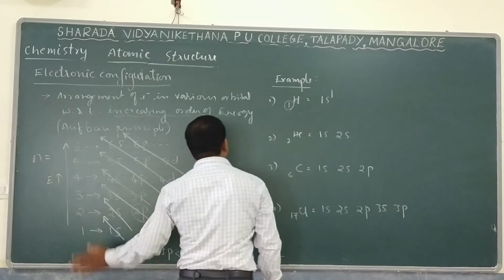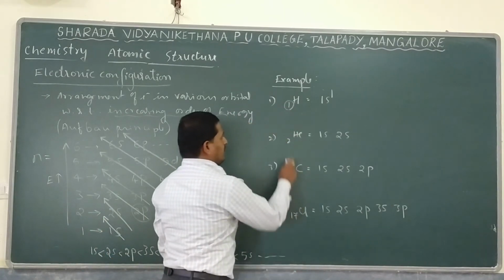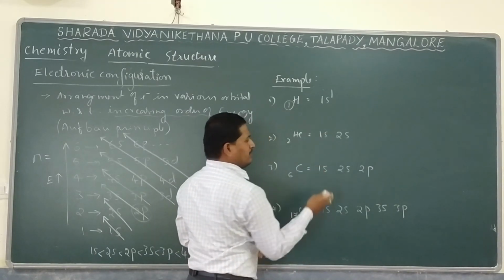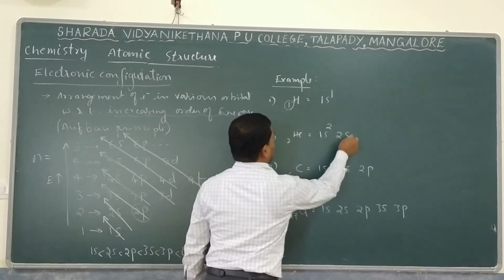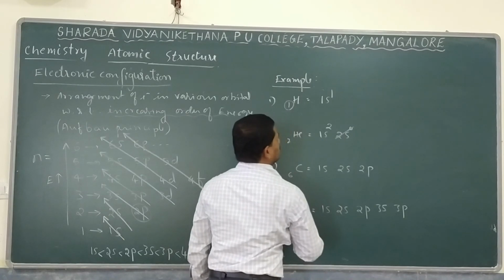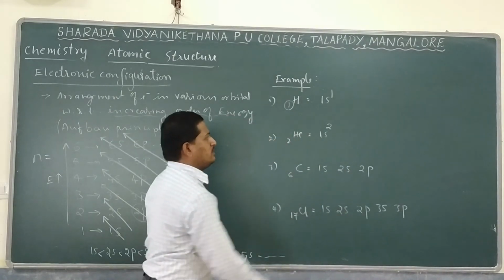It does not use any other orbital. In helium, 2 electrons are there, and the s orbital can accommodate a maximum of 2, so they go to the first shell itself: 1s2 and 2s0. There is no need to write 2s0, so the electronic configuration for helium is 1s2.